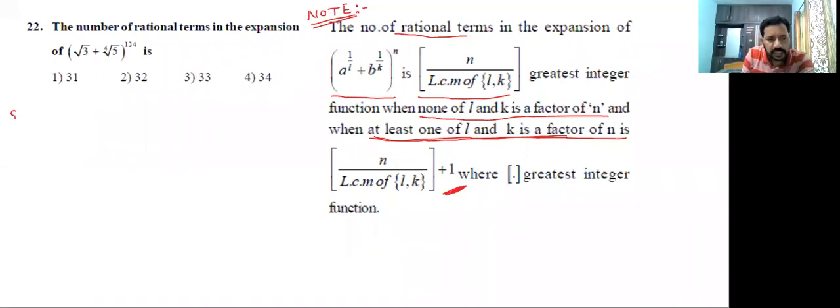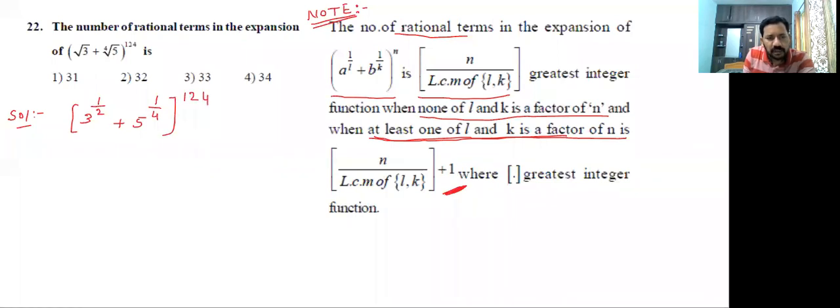Okay, see this expansion, what they have given. Root 3, that means 3 power 1 by 2, plus fourth root 5, that is 5 power 1 by 4, whole power 124.